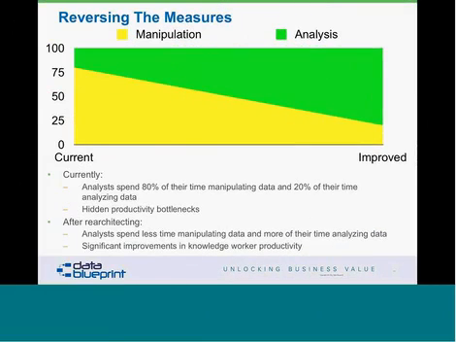In fact, when we look at most of what we call our data scientist community, they spend an inordinate amount of time looking around for things, manipulating data, and 20% of their time actually doing the analysis of the data, which means they are spending 80% of their time not being productive.